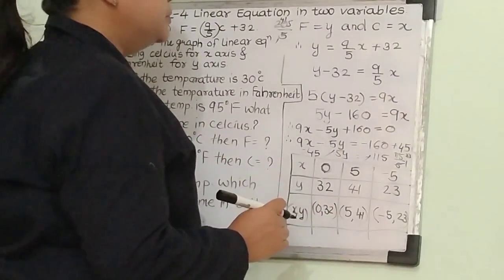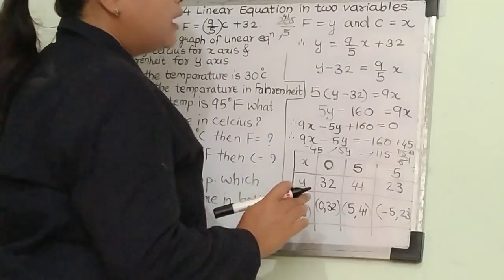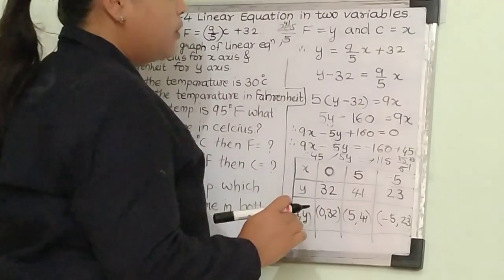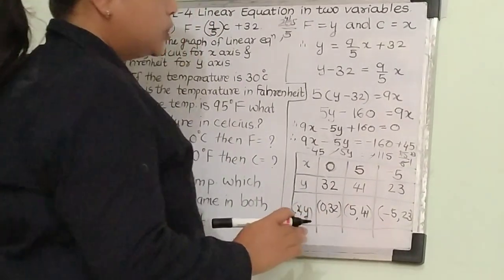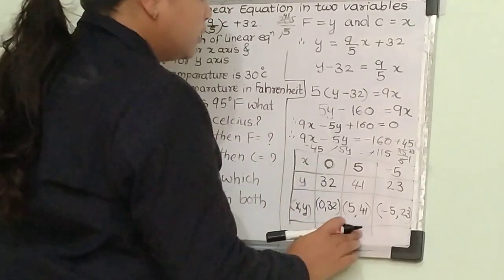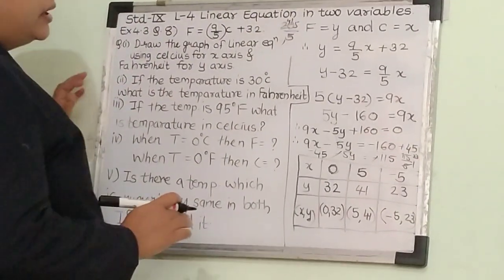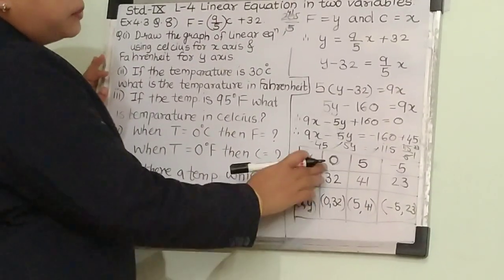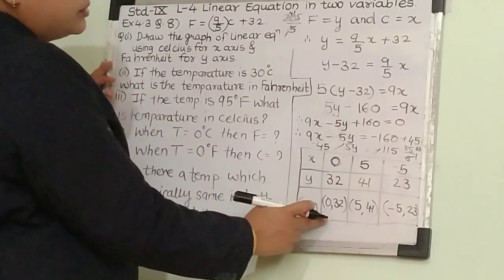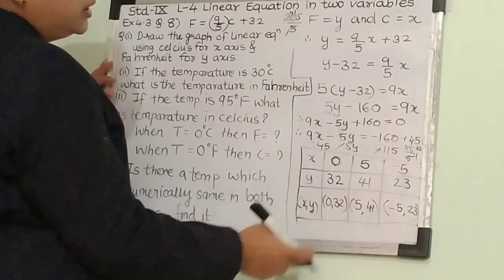Now we are going to plot these coordinates on our graph paper for drawing the graph of the linear equation. So first I will draw the x and y axis on the graph paper. Now here if you observe the scale we are going to choose, here 32, then here 41.